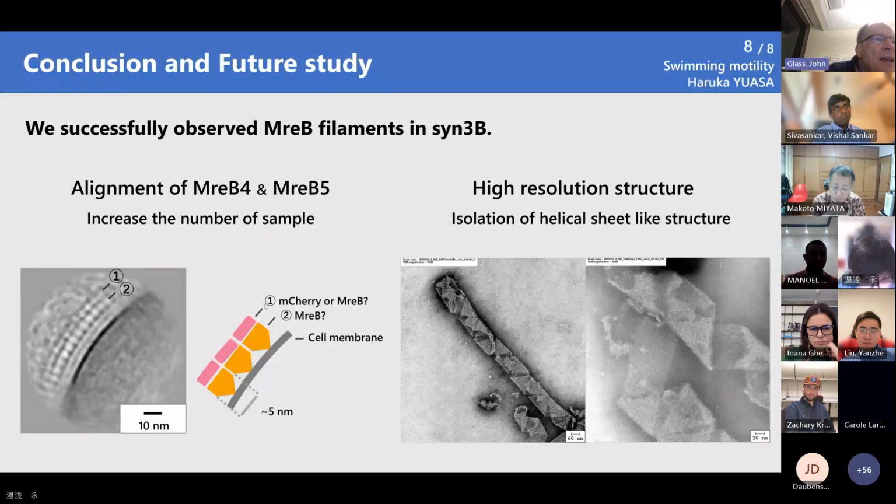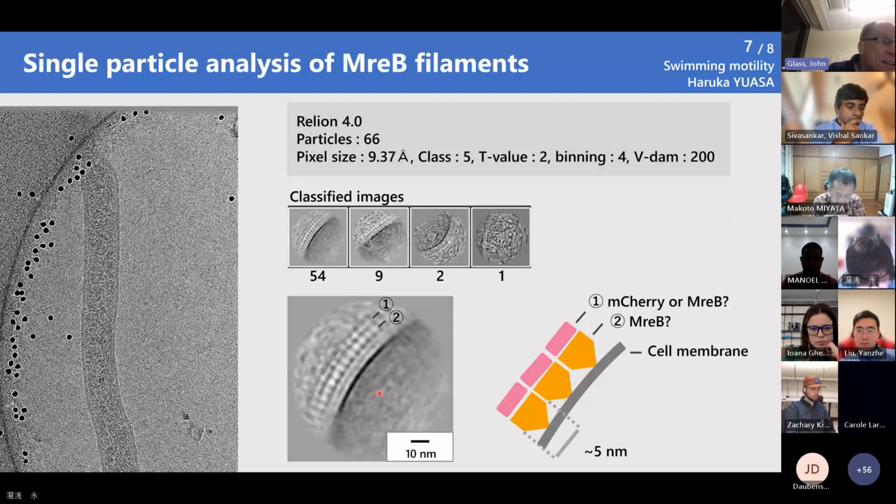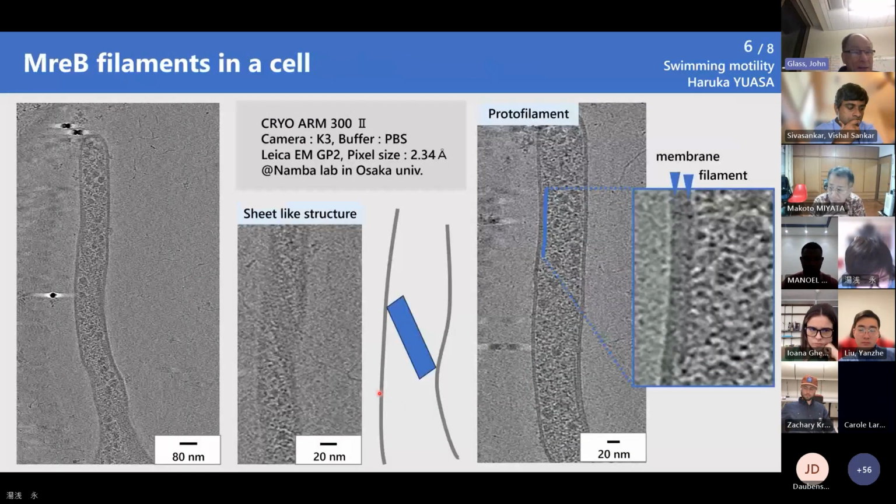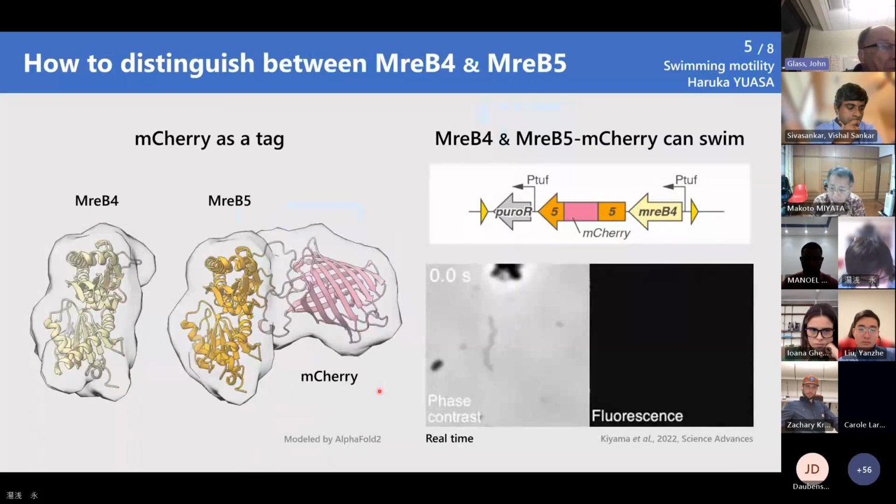I was looking at one of your earlier slides. Are you putting your mCherry on the ends of the MreB, or is it in the middle of it? Yeah, in the middle of MreB. How did you choose the spot?